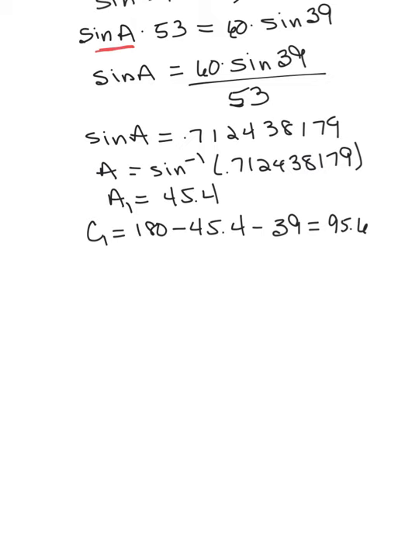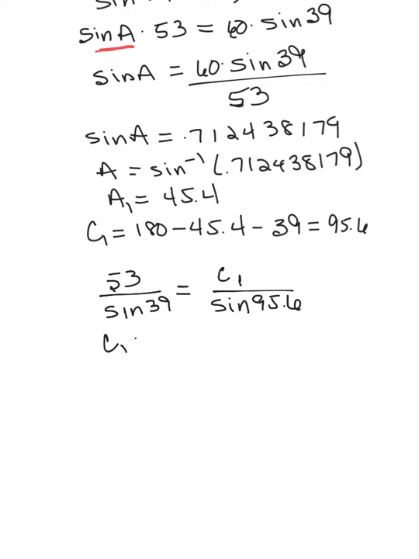We are still missing side C for this triangle. So go back to your given pair of 53 over the sine of 39 equals side C1 over the sine of 95.6, which we just said is angle C1. Cross multiply, you get side C1 times the sine of 39 equals 53 times the sine of 95.6.